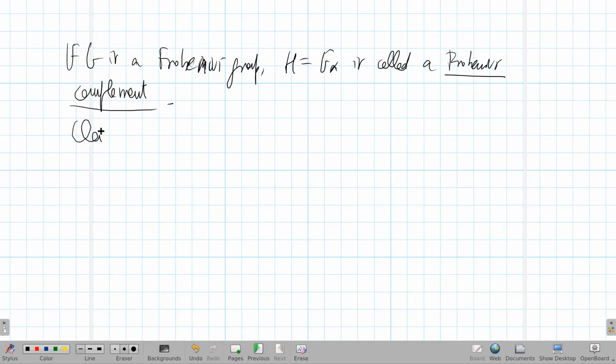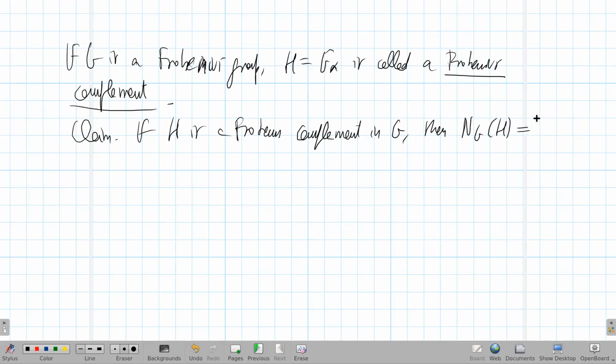Claim: if H is a Frobenius complement in G, then H is self-normalizing. The normalizer is itself.